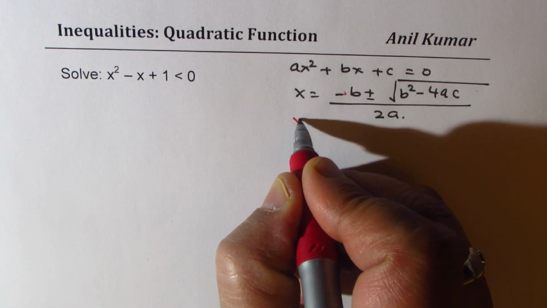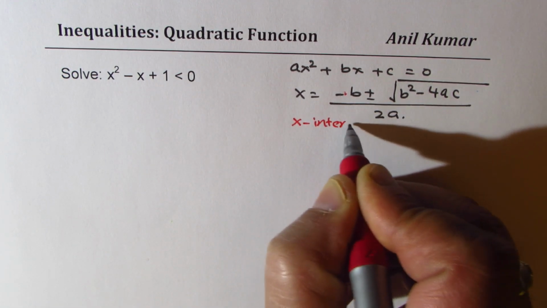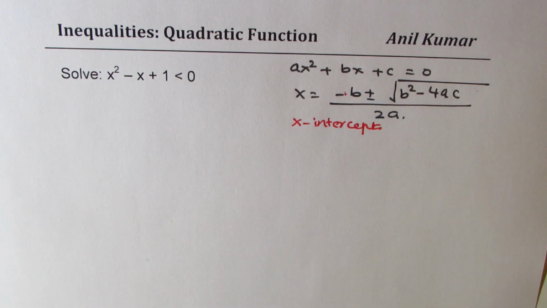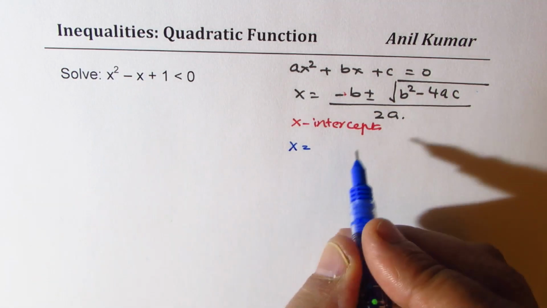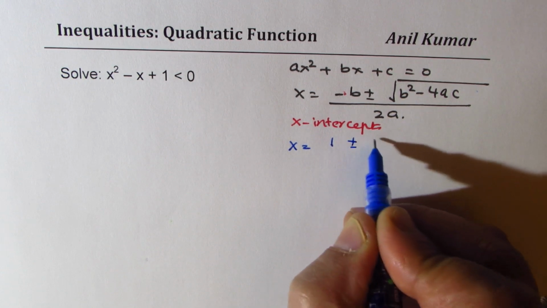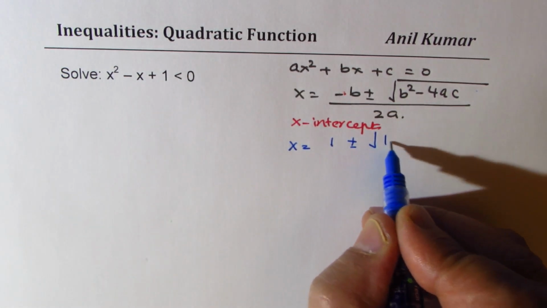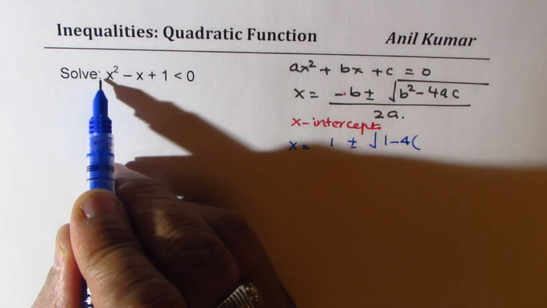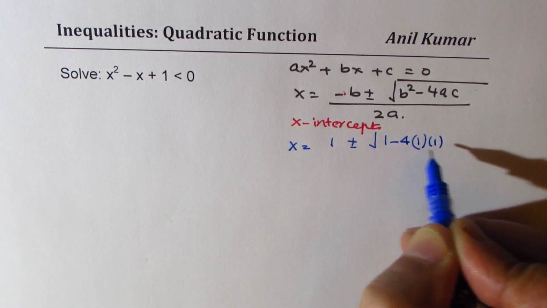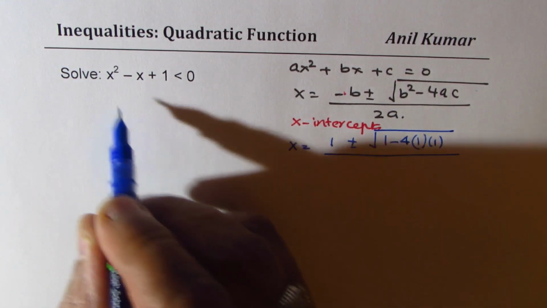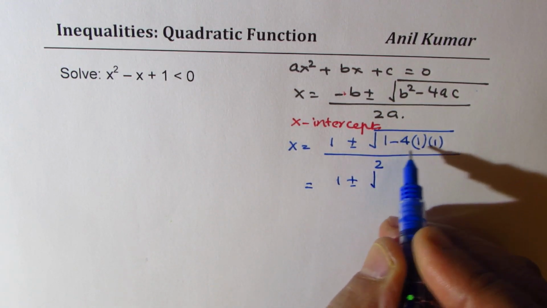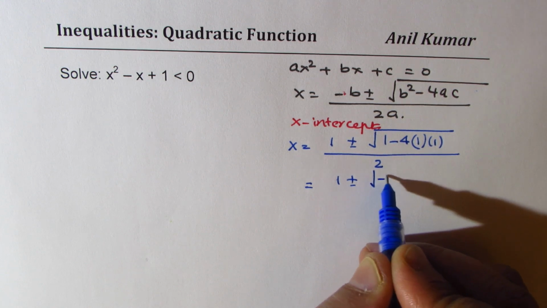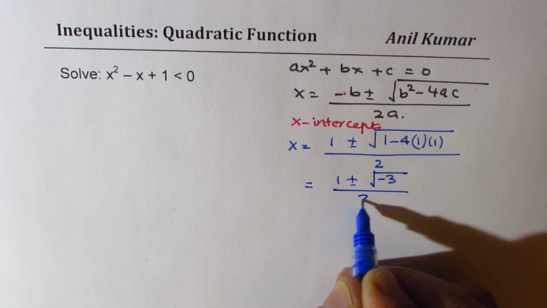So what I can say is that x is equal to minus b, which makes it positive, plus minus square root of 1 squared minus 4 times ac, which is 1 times 1, over 2 times a, which is 2. So that gives you 1 plus minus square root of minus 3 divided by 2.